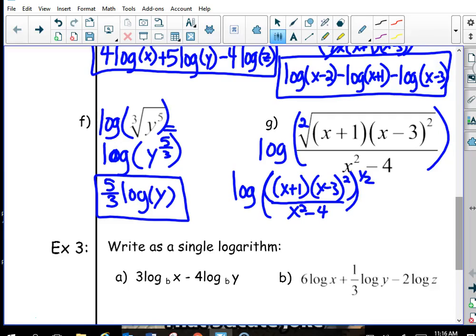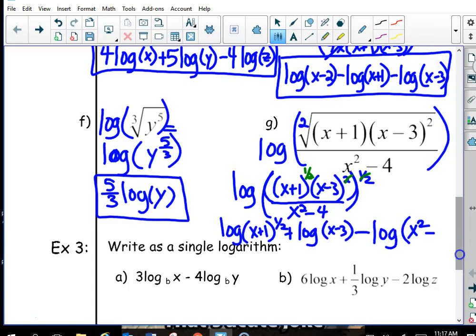And now I'm going to simplify my exponents. So the 2 and the 1/2 cancel. It does leave me with a 1/2 in front of that first binomial. So log of x plus 1 to the 1/2 power plus log of x minus 3 minus log of x squared minus 4.